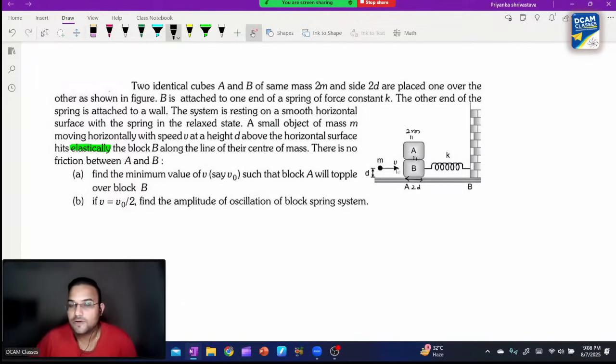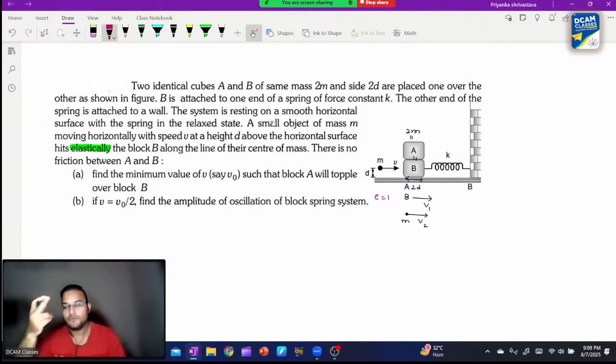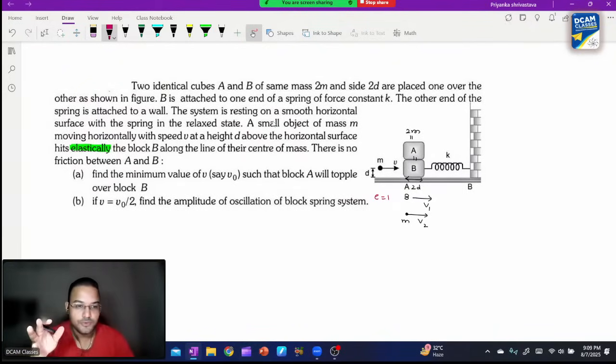After that, B will get some velocity, say V1, and the small m may move with some velocity, say V2. Since the collision is elastic, e is equal to 1 here. So you can use the formula I derived for collision, to find the velocities V1 and V2.